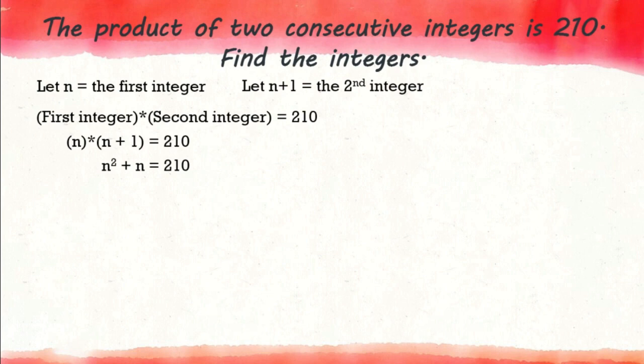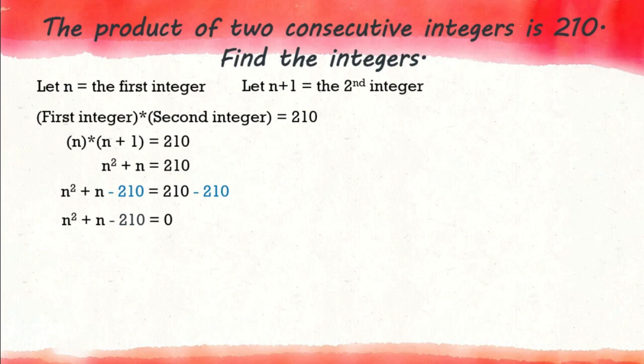The opposite sign of positive 210 is negative 210, and we will add that on both sides of the equation. So we will have n squared plus n minus 210 equals 210 minus 210. Simplify, so we have n squared plus n minus 210 equals 0.